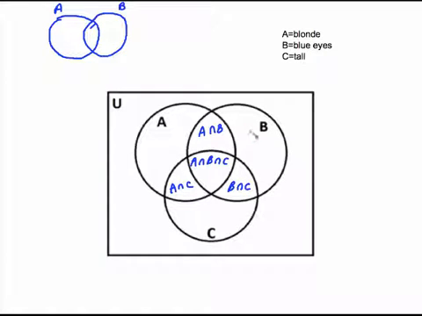And then these are just the people who are part of set A, just the blondes. They're not blue-eyed, they're not tall. This is set B, just the blue eyes. They're not blonde, they're not tall. And this is just the set of people who are just tall, but they're not blonde and they don't have blue eyes. This is the universal set. This would be any of the people who are neither blonde, blue-eyed, nor tall. They might be brunette, brown-eyed, and short.